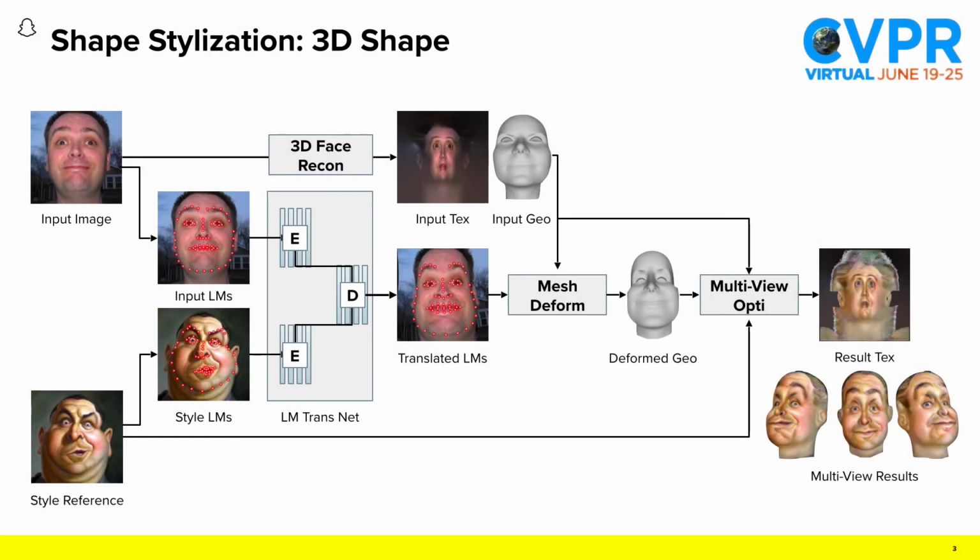Finally, we use a joint optimization framework based on a differentiable renderer to optimize texture and geometry with multi-view constraints. Basically, we optimize mesh geometry and texture in the UV space so that randomly sampled views rendered with the face model match the style representation of the reference. Please refer to our paper for more technical details.